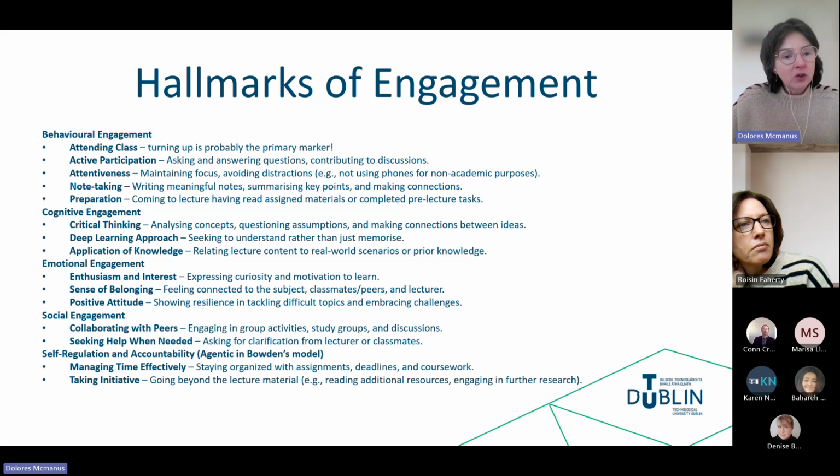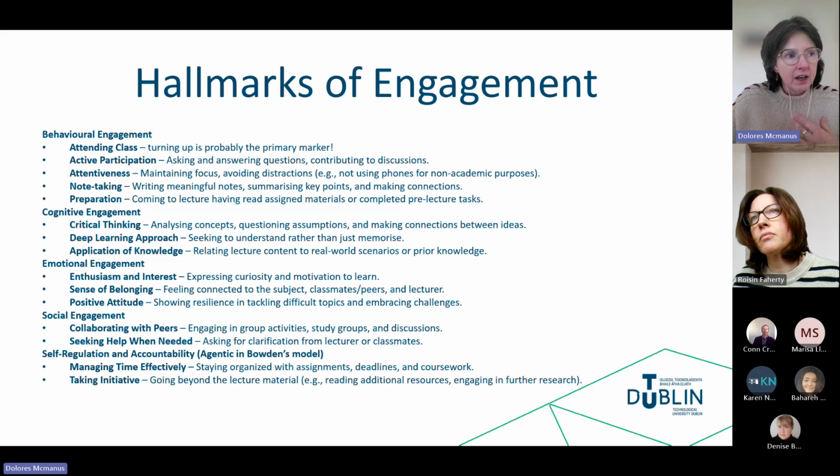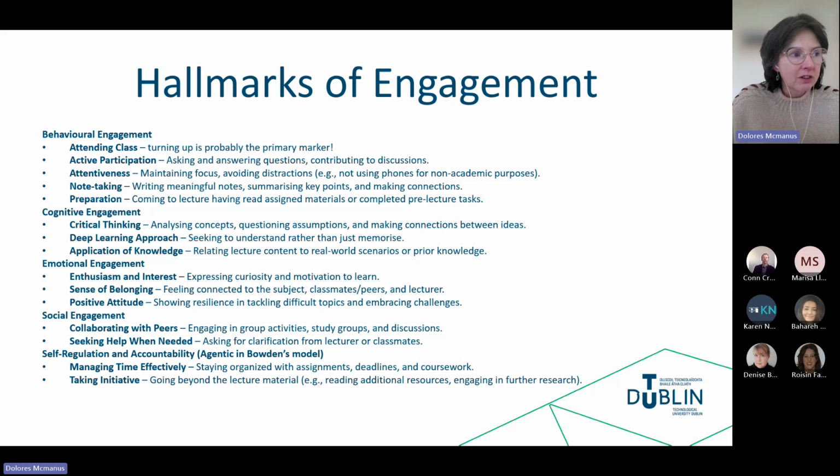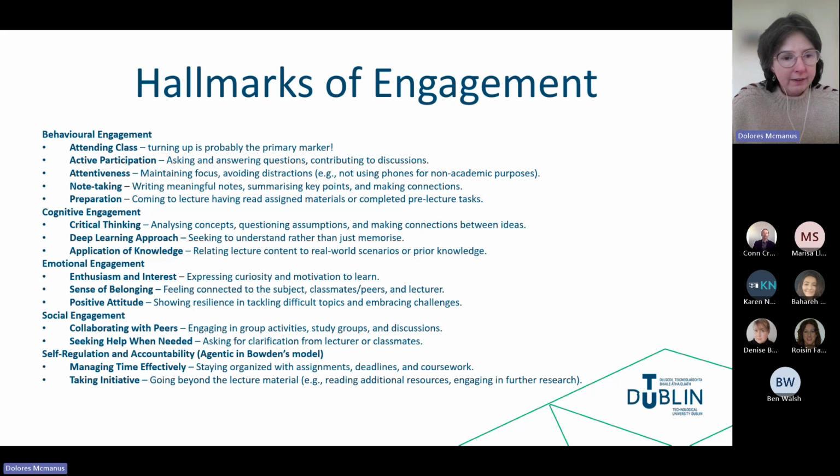And the cognitive engagement piece as well is really interesting. And this is something to be aware of, and I know as a lecturer we would all try to do this automatically anyway, but ensuring that the material being presented to students is neither too difficult nor too easy, so that you're at that sweet spot in terms of the challenge that students are being presented with.